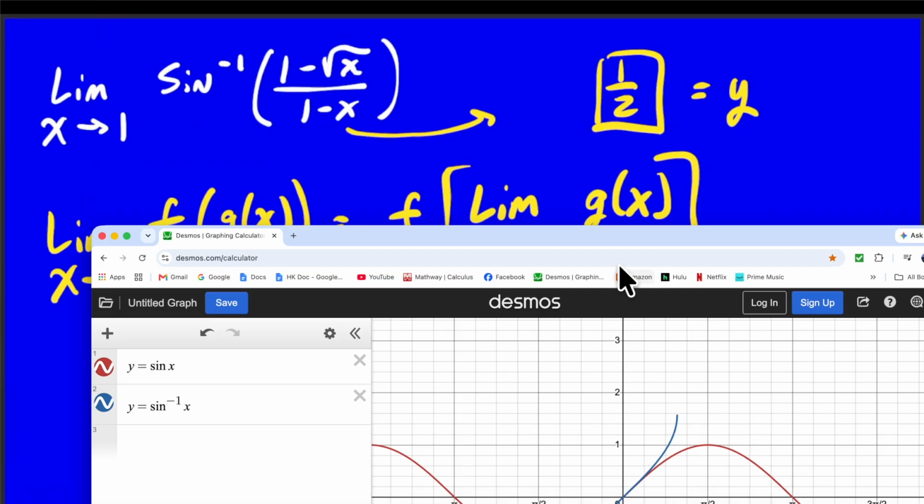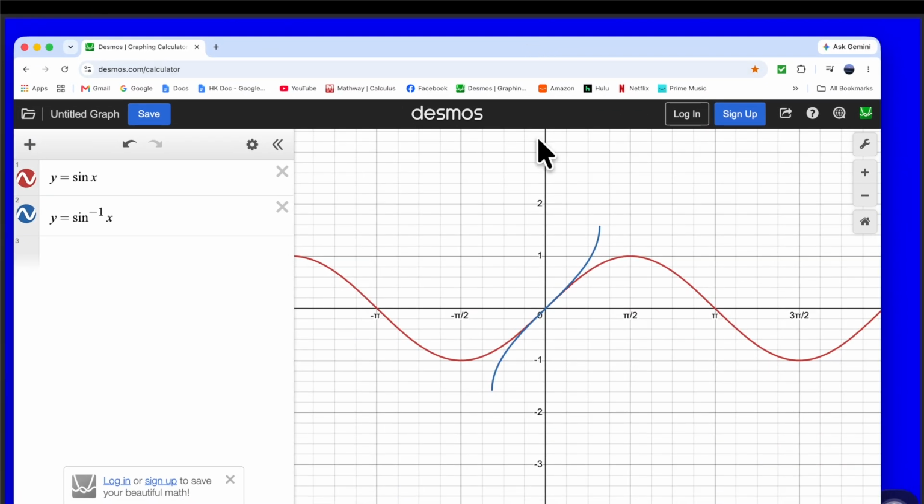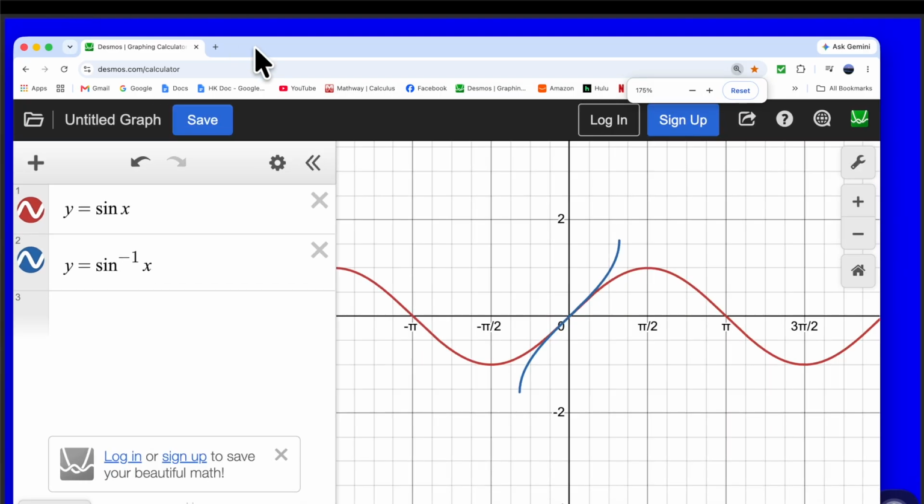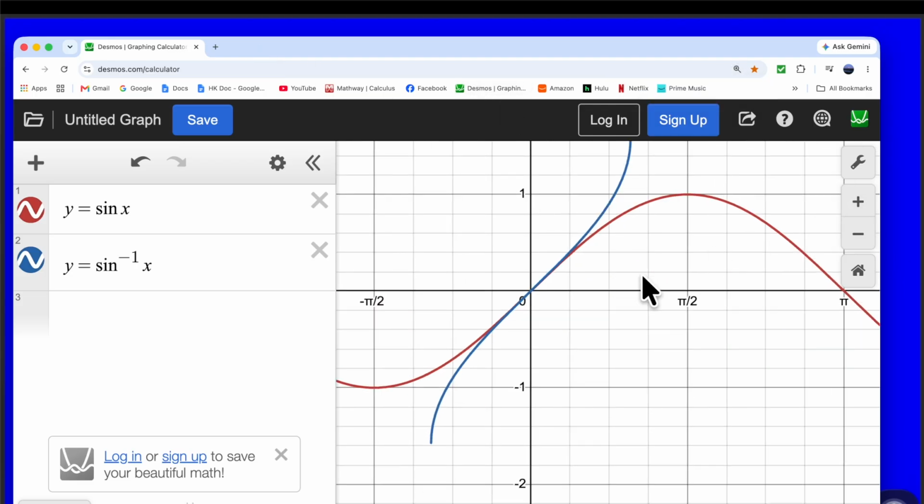Here's Desmos, and we have y equals sine of x in red and inverse sine of x in blue. So let's look at inverse sine of x, and let's look where the y value is 1/2 and determine, is it continuous? Okay, let's see if I can blow this up a little bit. Yes.